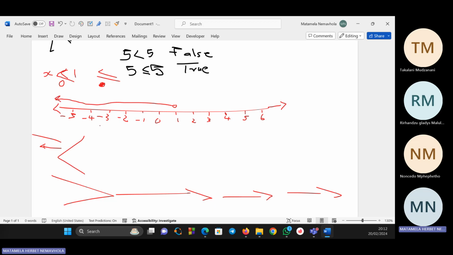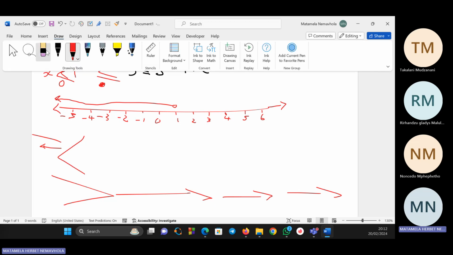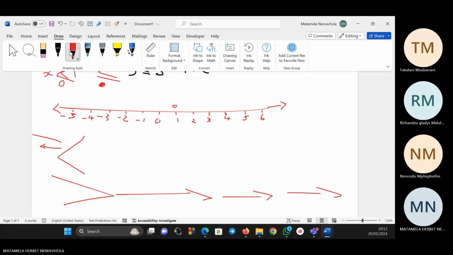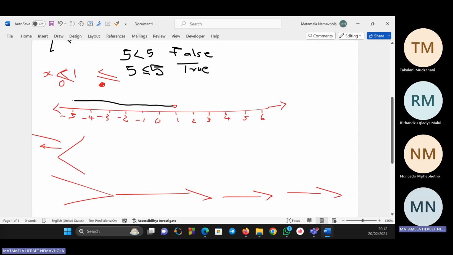It must be a straight line, just that mine here is not straight. You can also use your ruler if you are writing on paper. So this is x is less than 1.